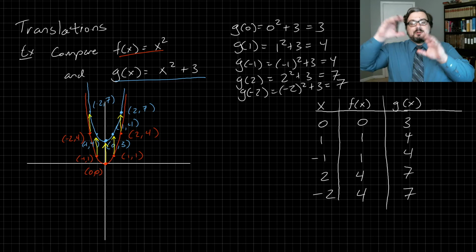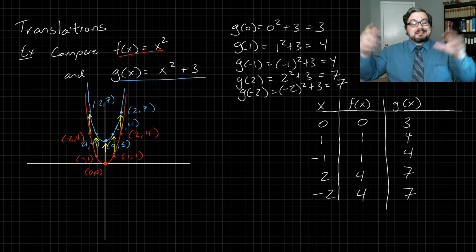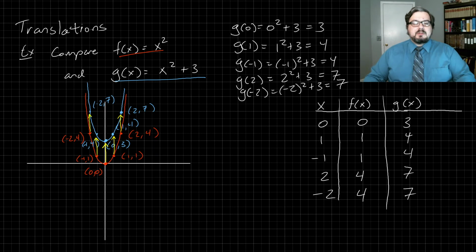When you've got the variable, it's had its function applied to it, in this case x squared, the basic function, and then something else happens to it. Whereas horizontal changes occur when you make a change to the x values before applying the basic function.